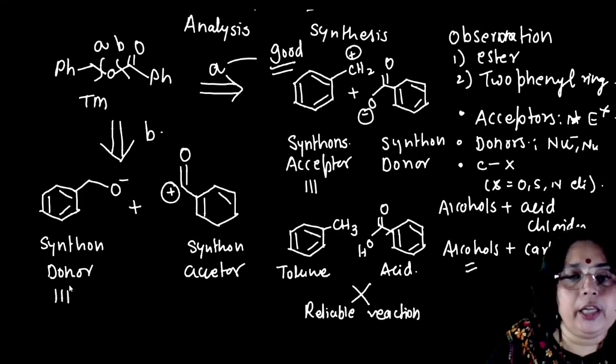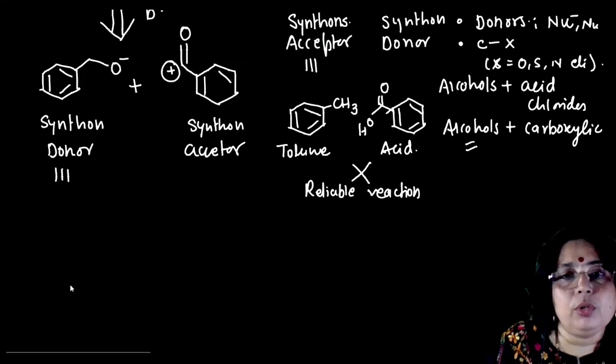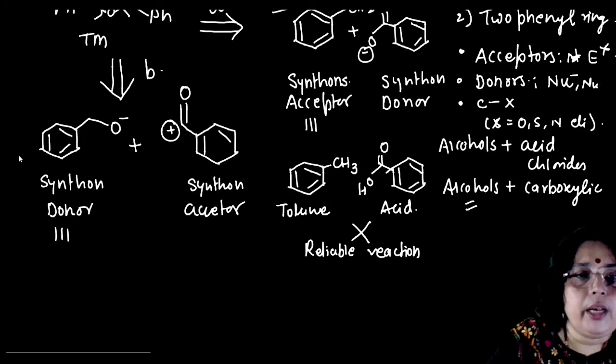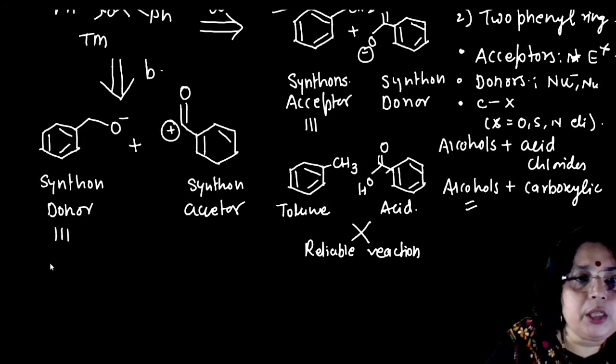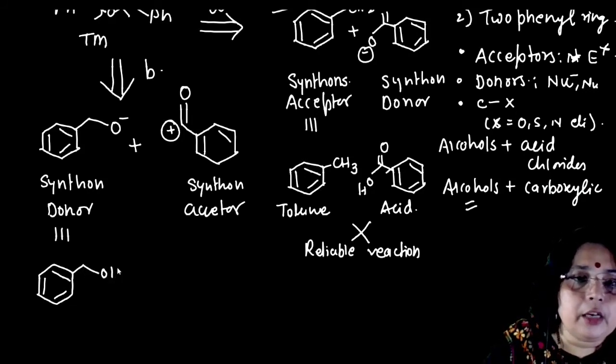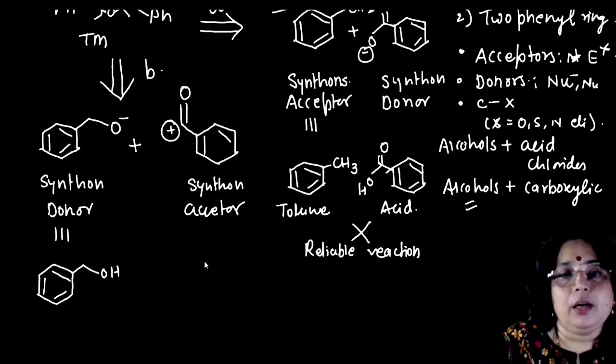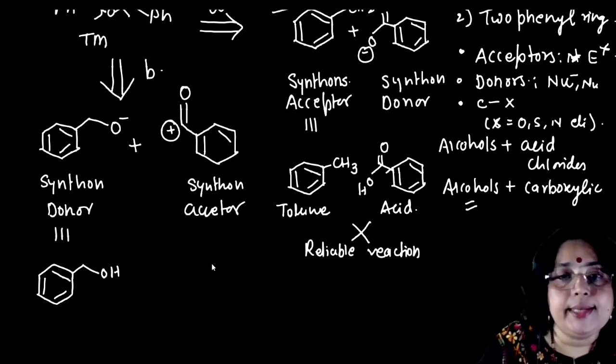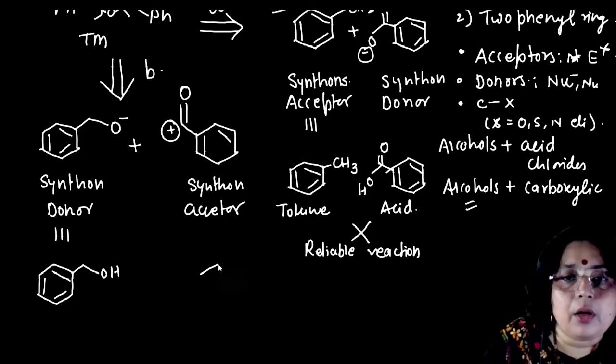Now, which synthetic equivalents? As I told you, synthetic equivalents are the neutral species of the synthons and they are real reagents. Those reagents can be easily available in the market, or they can be easily synthesized in the laboratory.